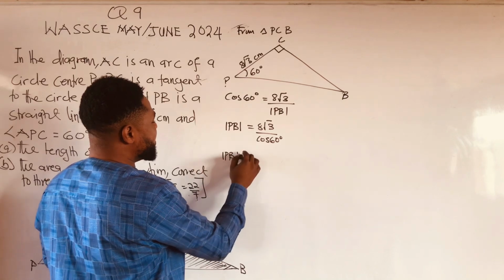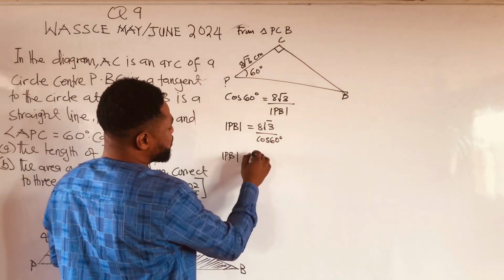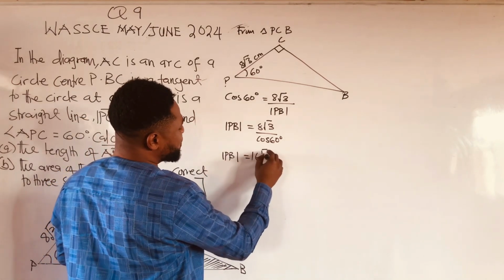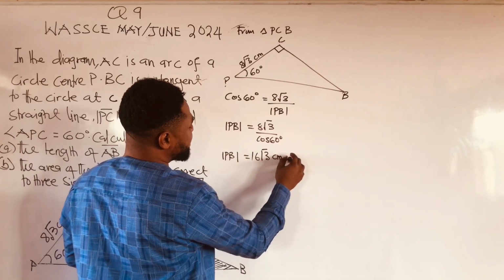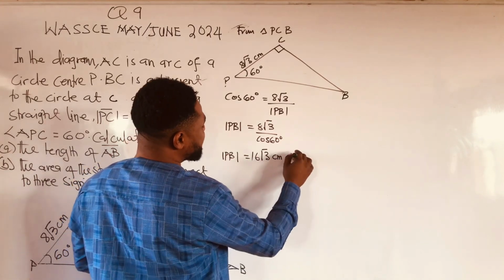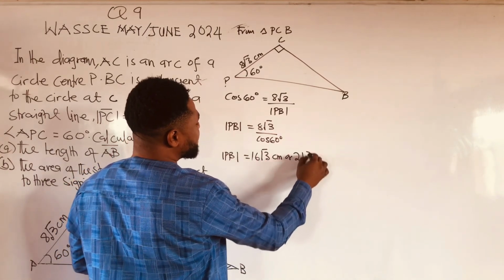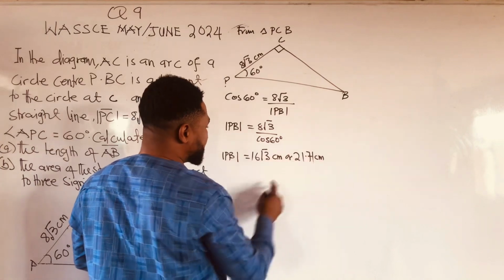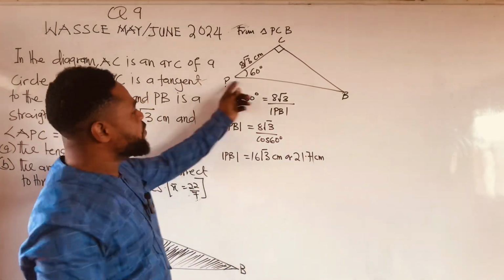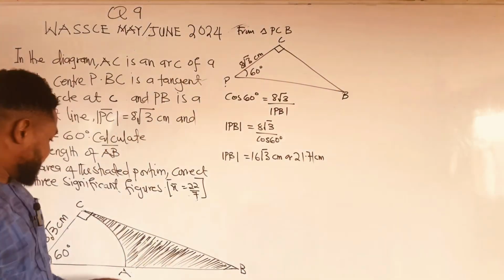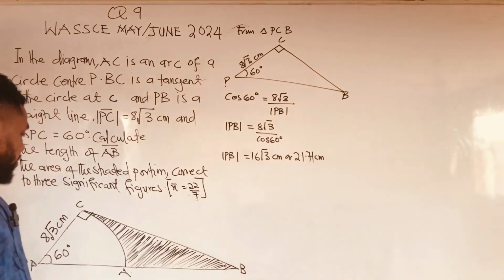Therefore, our PB will be equal to 16√3 centimeters, or in decimal place, we can say 21.71 centimeters.